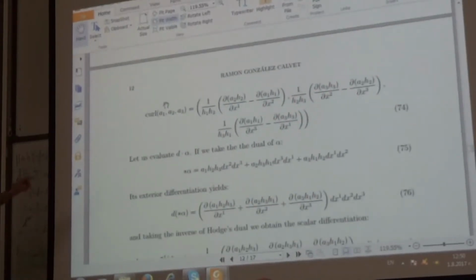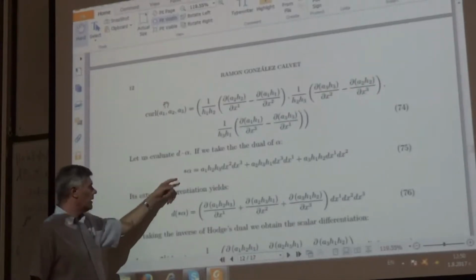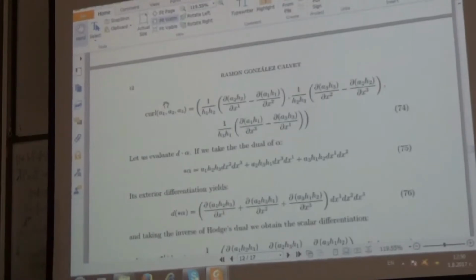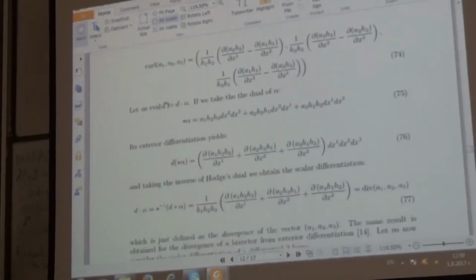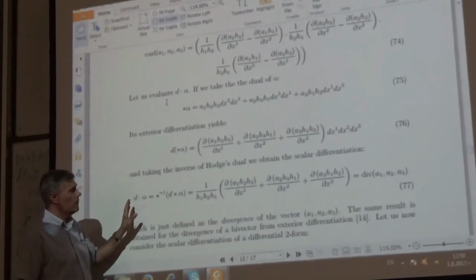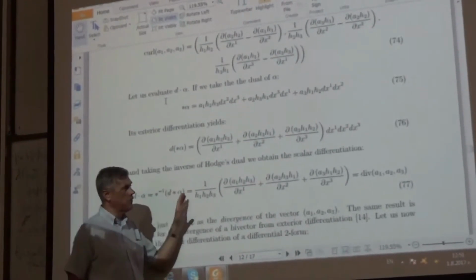We make the scalar differentiation: Hodge dual, exterior differentiation of the Hodge dual, and then again the inverse of the Hodge dual. We finally find the expression of the divergence.